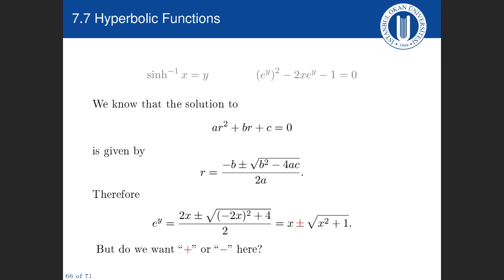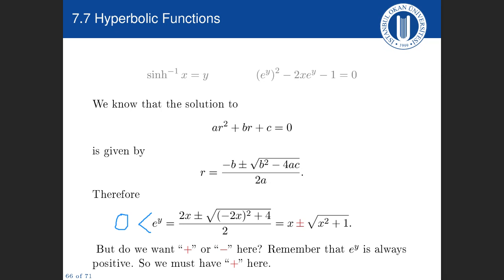But do we want plus here or do we want minus here? Well, remember, we need this to be equal to e to the power y, and e to the power y is always greater than 0. If we chose a minus sign here, we would get a negative number. So that means we need to have a plus just here.